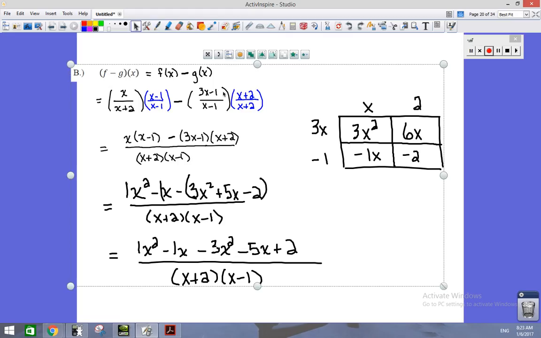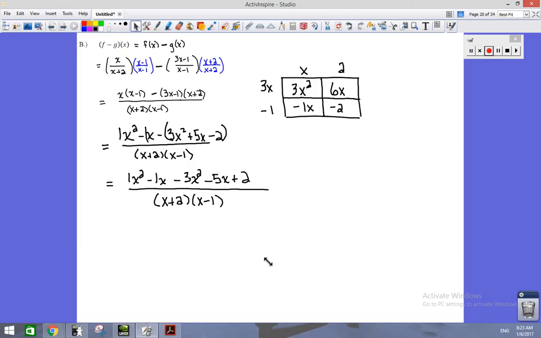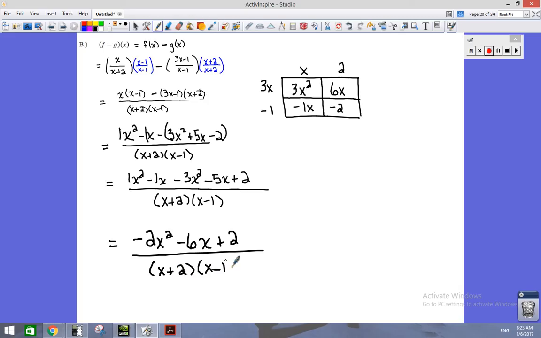All right, so let's move this up a little bit, shrink it up, give us some room. It's a nice thing about this software. So 1x squared take away 3x squared gives me a negative 2x squared. This negative 1x and minus 5x gives me a negative 6x. And I have plus 2, and I'm going to leave that denominator in factored form. So there's my answer for part B.